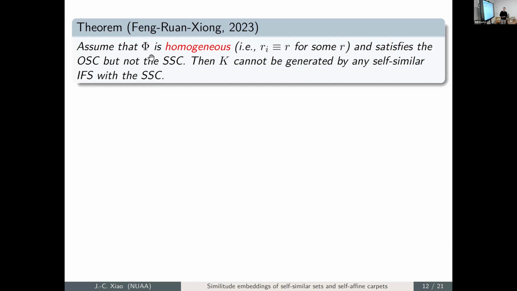So the intersection is, what can I say, an intrinsic property of this self-similar set. But as you can see, they also need the homogeneity assumption here. In the inhomogeneous case, there is an essential obstacle.